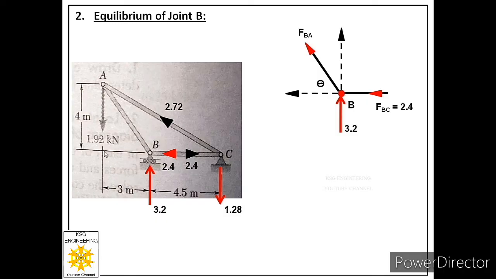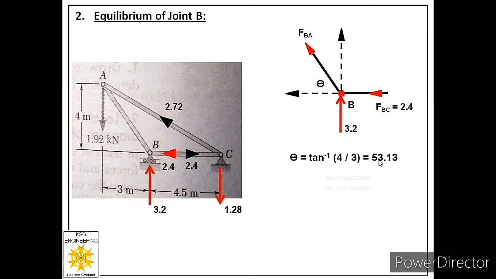If this is point D, then we can consider this right angle triangle ADB. We can say tan theta is equal to perpendicular by base. The perpendicular is 4, the base is 3. So we say 4 by 3 is equal to tan theta, and theta is equal to tan inverse 4 by 3. That is 53.13.